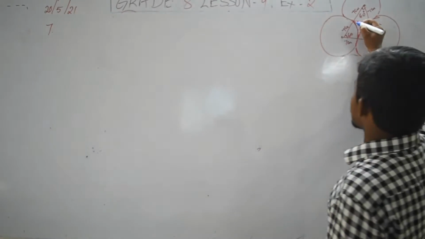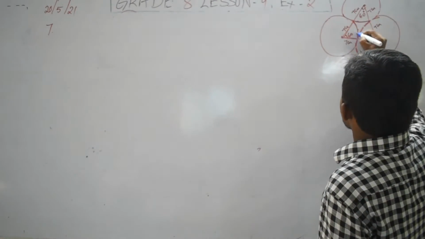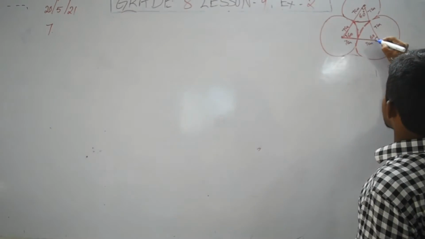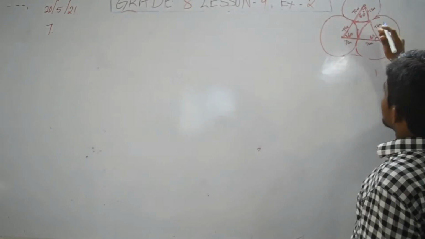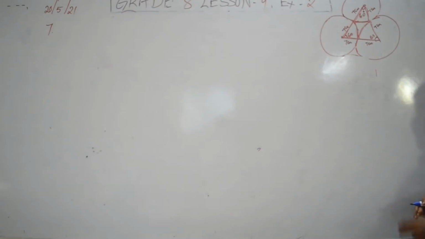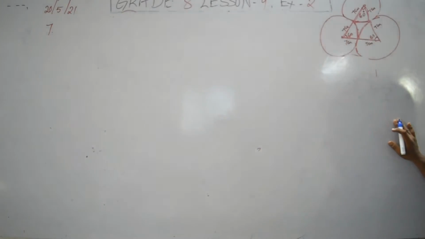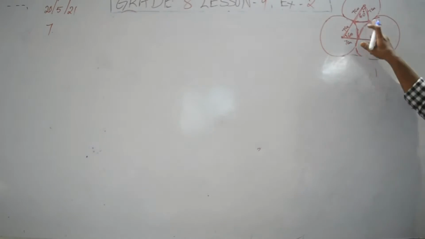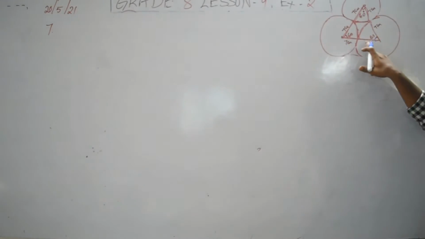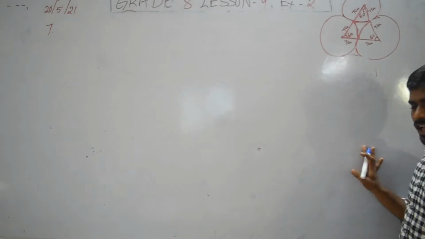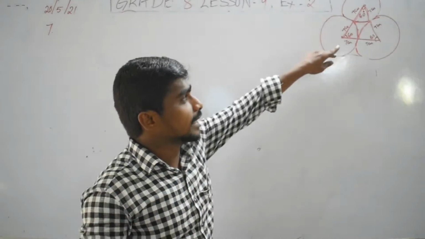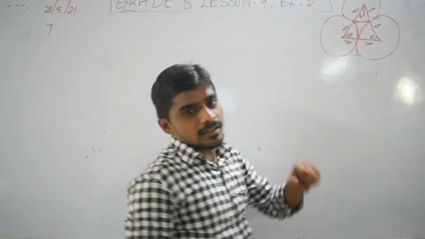So this is a sector. Here, how many sectors? Now this is a sector. So here 3 sectors are given. The area of the triangle minus the area of the 3 sectors gives the middle space area.